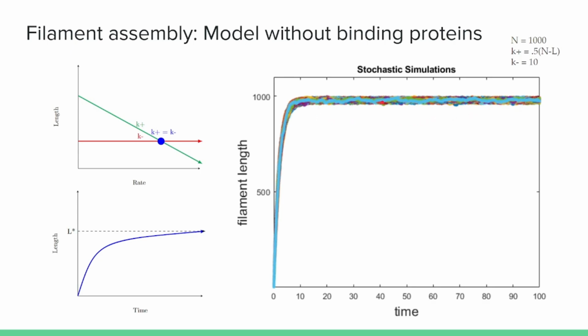And there are very limited variations between the filament as it reaches a steady state. See this cyan top line here? It increases rapidly and then smooths off before reaching 1,000, and then it has very limited fluctuations in its size as it continues going.